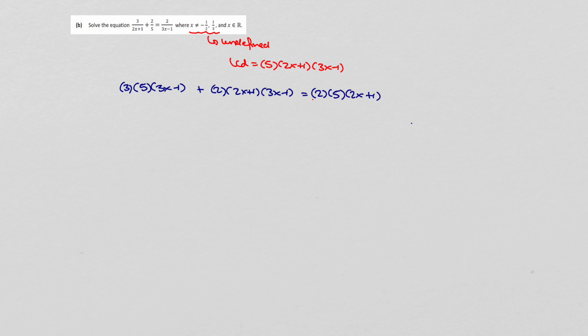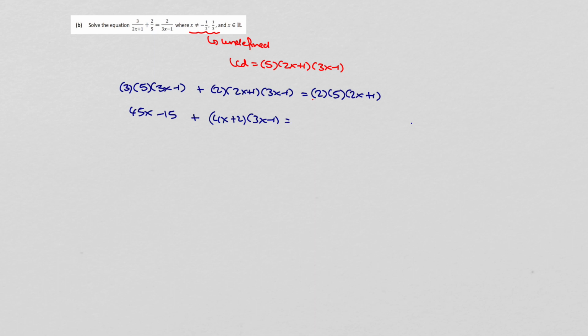Okay, so if we multiply out our brackets, we have 3 times 5 times 3x, and that gives me 45x. Then 3 times 5 times minus 1, which is minus 15. 2 times (2x plus 1) is 4x plus 2.